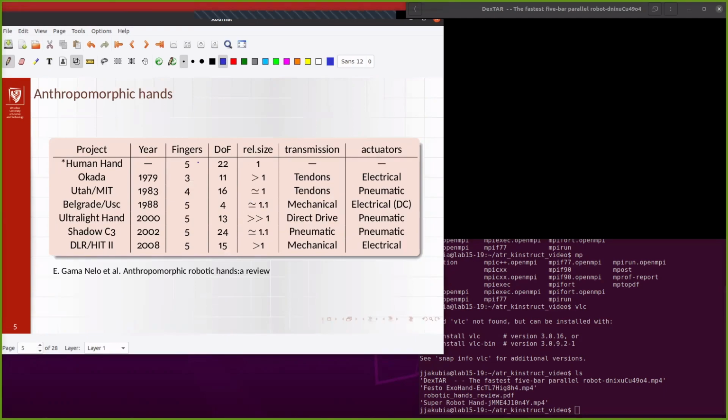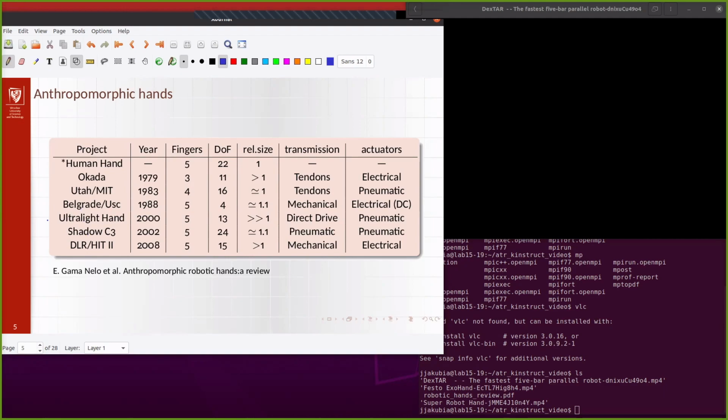And when we look at the current development of anthropomorphic hands that are available on the market or developed, or are just research projects, you can see some examples. Those that are mentioned here are mentioned either because they are important as major steps, or they are just currently available like this.